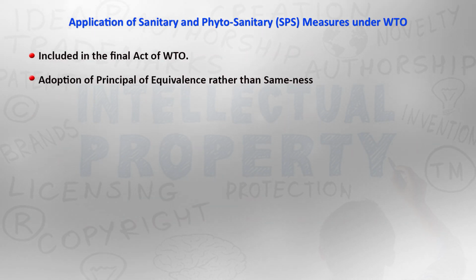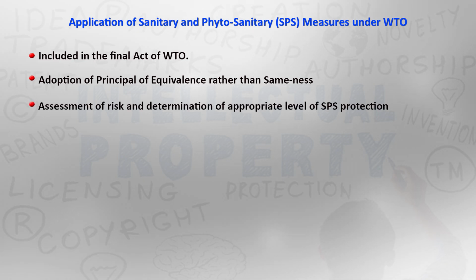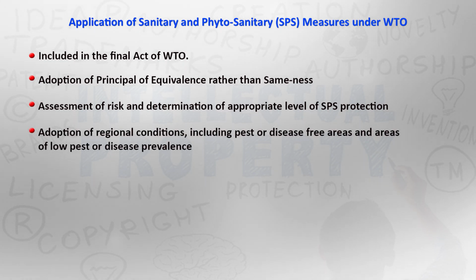So chapters on the SPS measures were included in the final act of the WTO, and a number of principles were also identified: the adoption of the principle of equivalence rather than sameness, the assessment of risk and determination of the appropriate level of SPS protection, and the adoption of regional conditions, including pest and disease free areas and areas of low pest and disease prevalence.